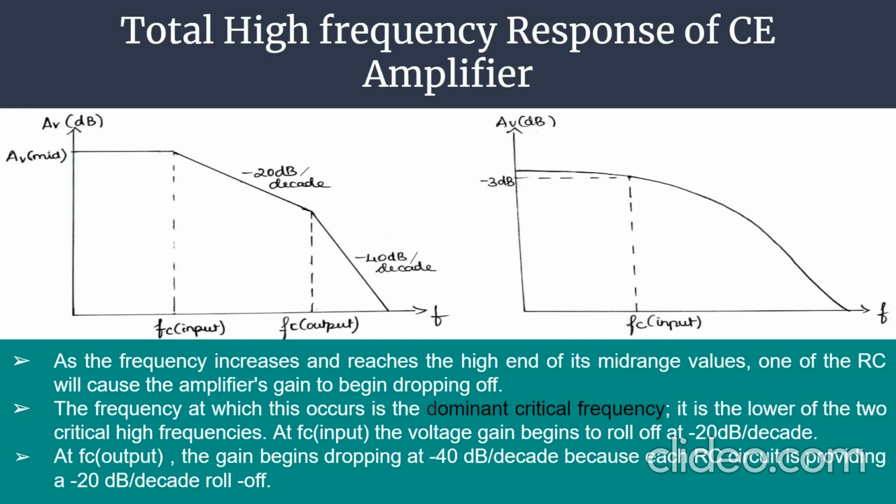It is the lower of the two critical high frequencies. At Fc input, the voltage gain begins to roll off at minus 20 dB per decade. At Fc output, the gain begins dropping off at minus 40 dB per decade because each RC circuit provides a minus 20 dB per decade roll off. And this graph is the smoothened version of this, where the curve is very smooth compared to the first graph.